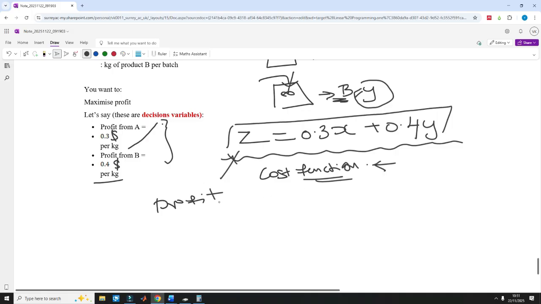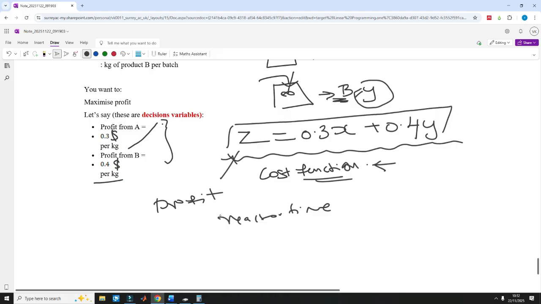At the moment, we don't have any constraints, which means this is not a really useful problem in chemical engineering. In chemical engineering, this type of problem always comes with a set of constraints, for example reactor time, feedstock availability, and maybe utility requirements, and a lot of other things.